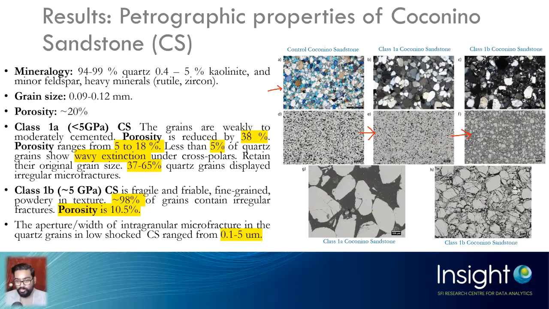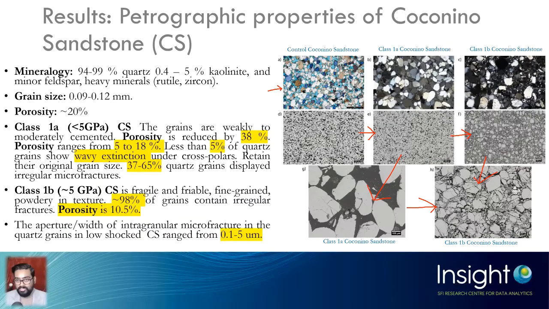Below is the zoomed-in view to show the fracturing in class 1B Coconino sandstone, and this image G shows the irregular fracturing in class 1A Coconino sandstone. So we see the difference in terms of fracturing that happens when Coconino sandstone moves from class 1A to class 1B.